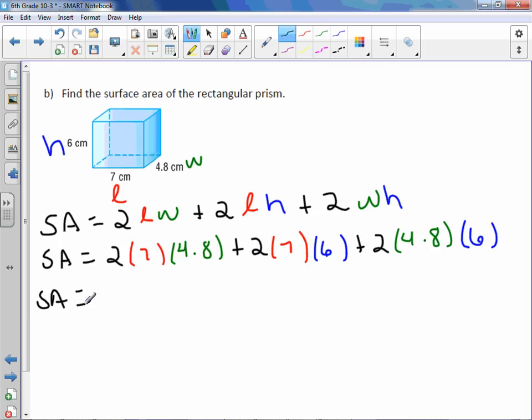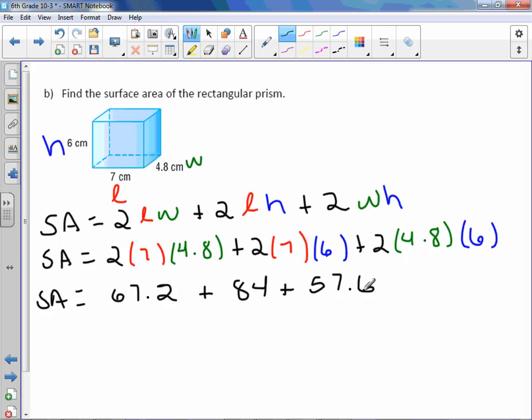Surface area equals 2 times 7 times 4.8 is 67.2 plus 2 times 7 times 6 is 84 plus 2 times 4.8 times 6 is 57.6.